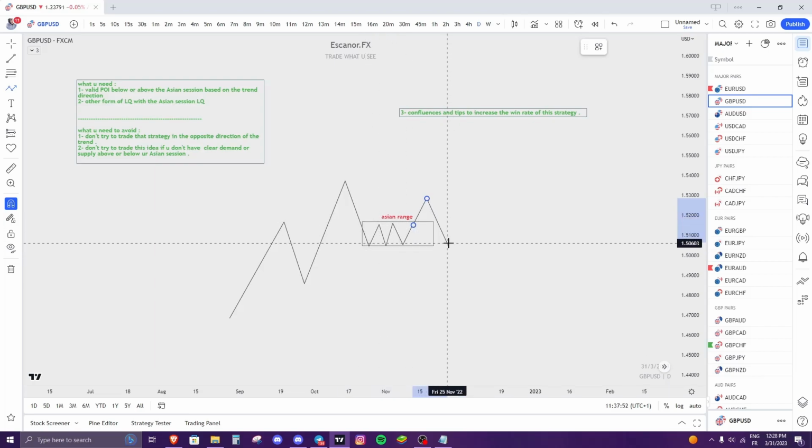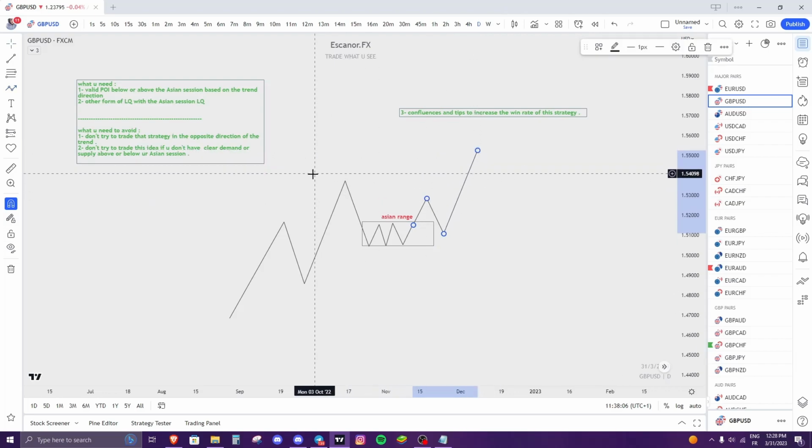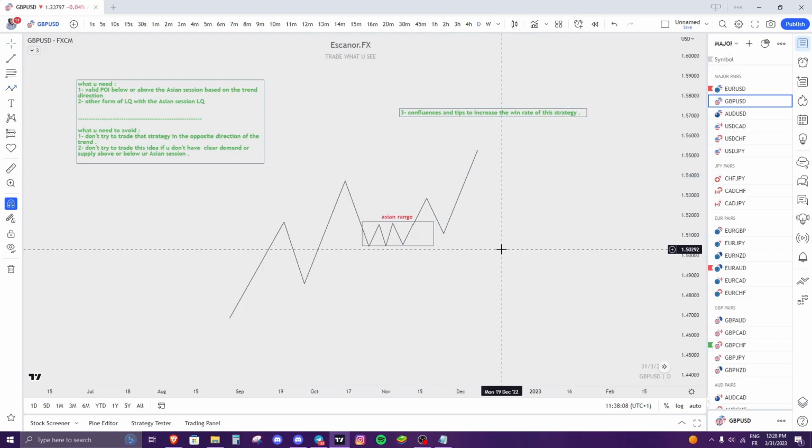Maybe that will happen, and sometimes it does, but in most cases it will take you out after tapping into a demand in the Asian range here. Don't try to trade this strategy in the opposite direction of the trend.